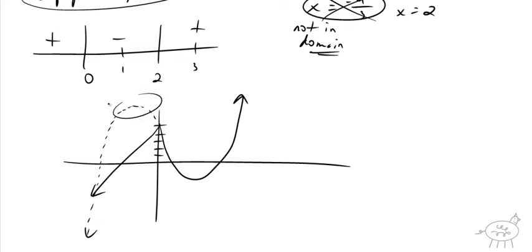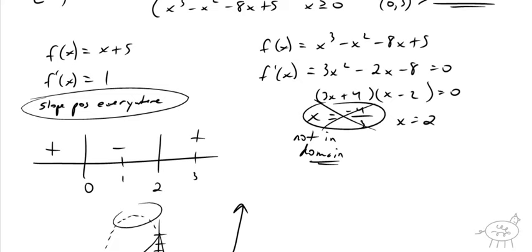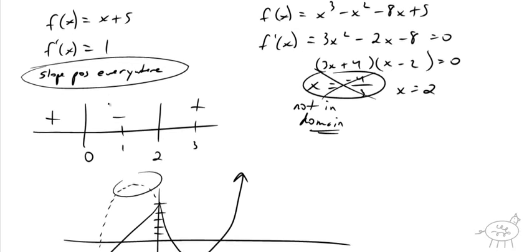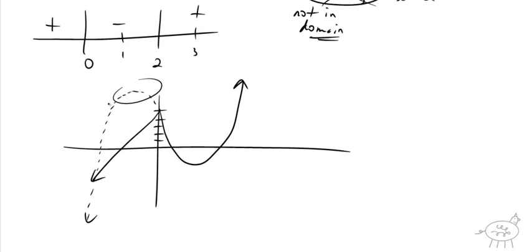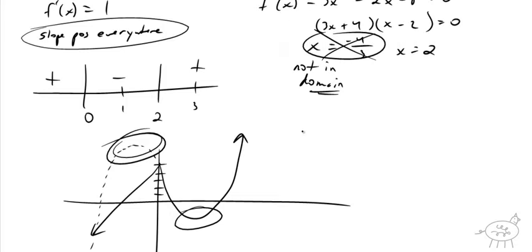Sometimes you might look at the problem and go, I've got two critical points, which we did, negative 4/3 and 2, but you need to understand those critical points are not necessarily in the domain. In this one, we only had to worry about this one. Our relative max, of course, going from positive to negative, is (0, 5).